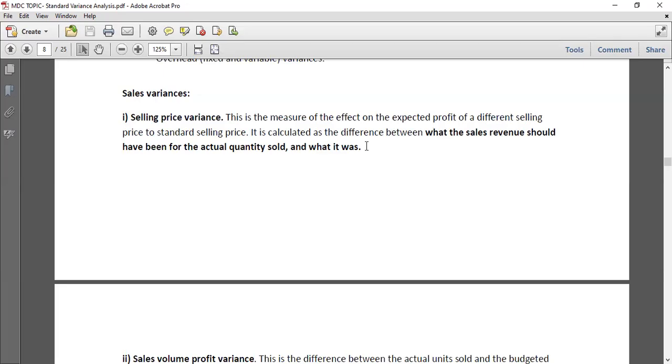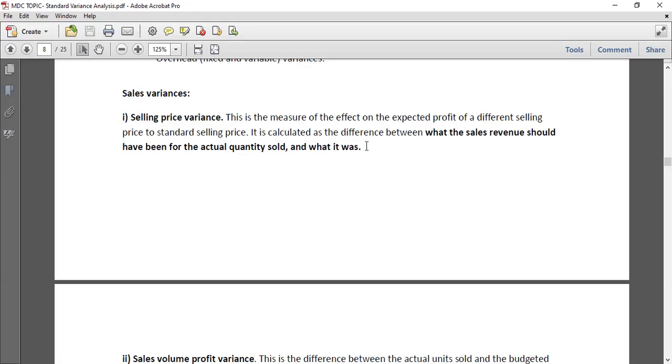Take an example: if you have 1,000 units and each unit is 50 shillings. Now if you go on to make a sale, for the 1,000 units, instead of selling them at 50 shillings, you actually sell them at 60 shillings.